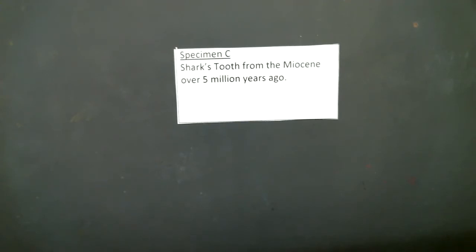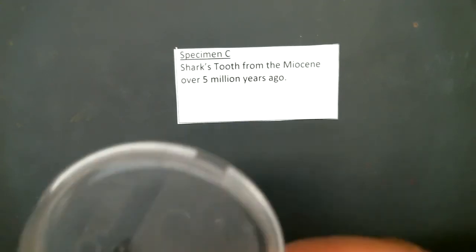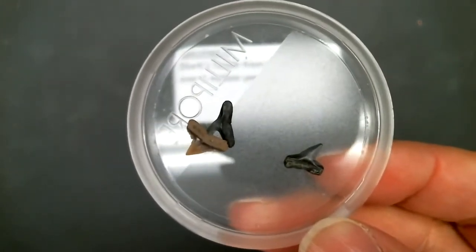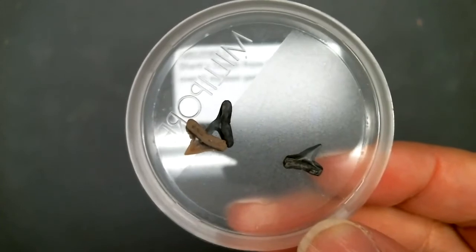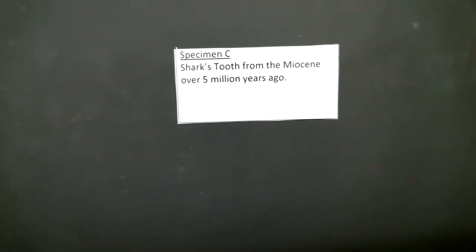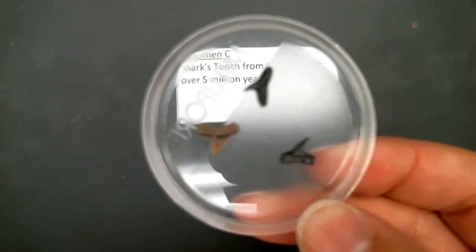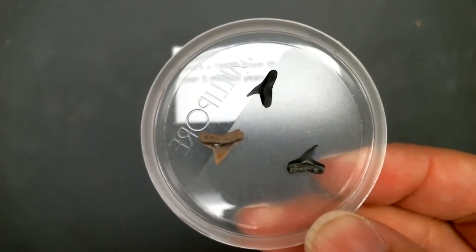The Miocene was over 5 million years ago, and here we have 3 shark's teeth. Let me separate those. There. All right.